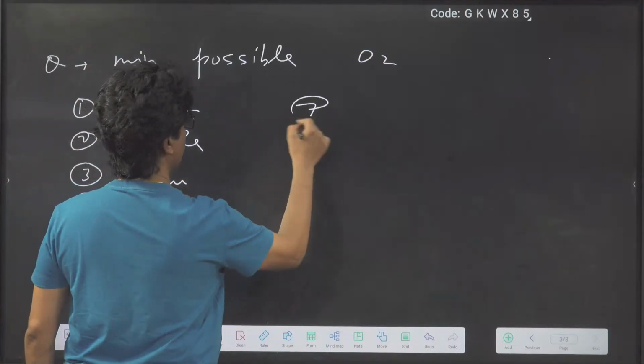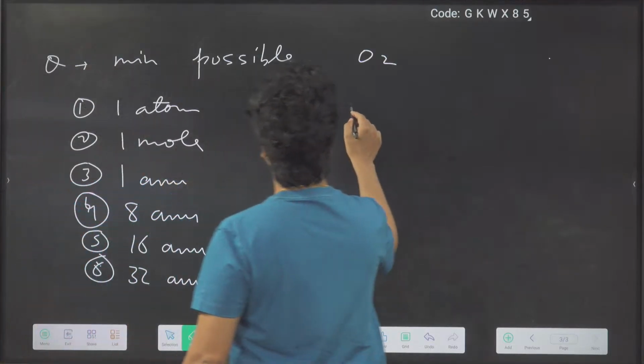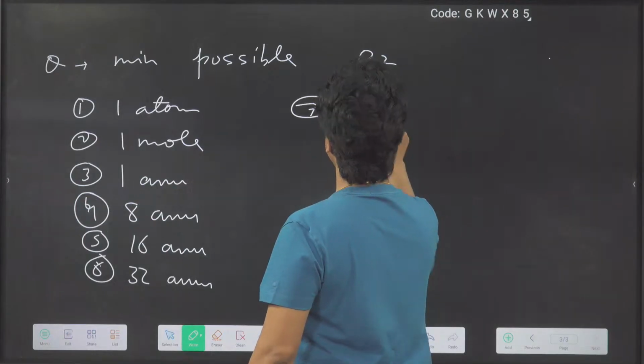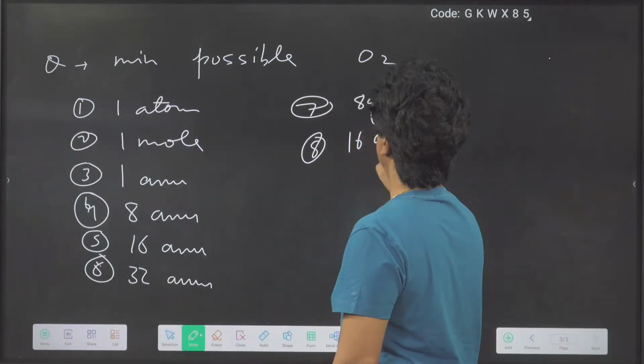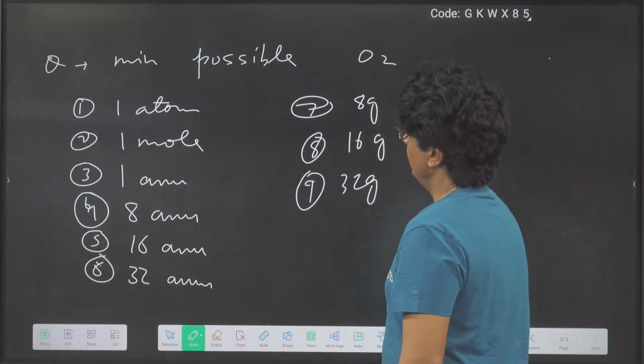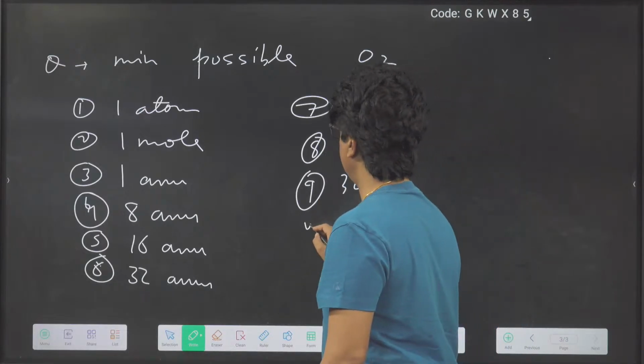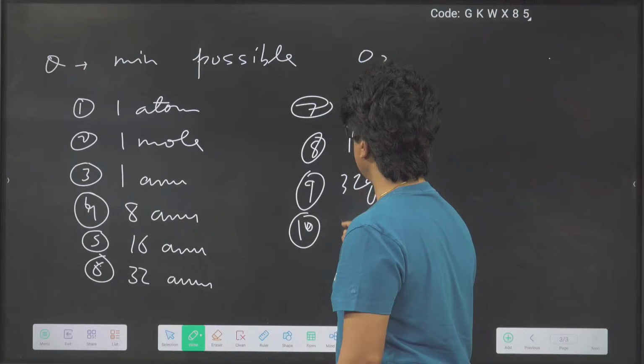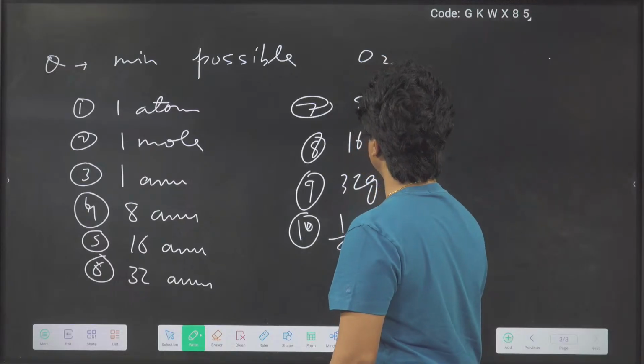Seventh, similarly, we can have 8 gram, eighth option 16 gram, and ninth option 32 gram. Or we can have a 10th option as well, maybe 1/8 atom.